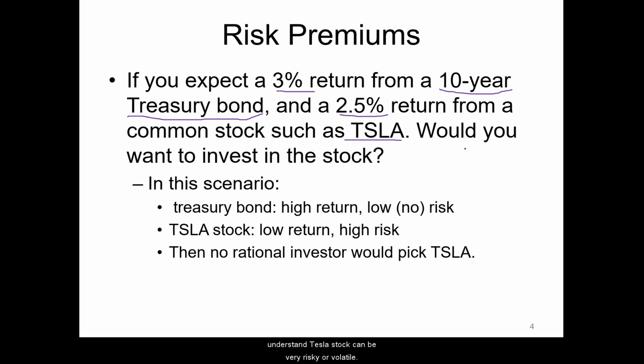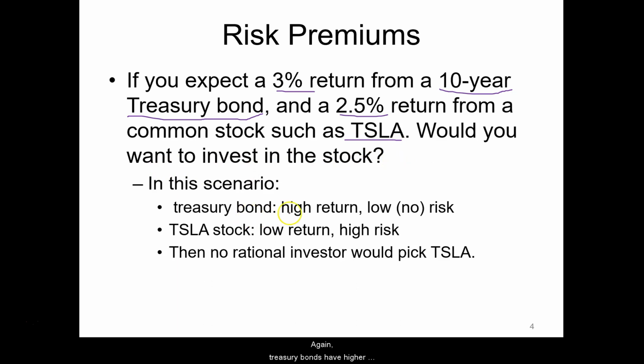If you follow the news, you understand Tesla stock can be very risky or volatile. So the question is, given a 3% return from a 10-year treasury bond and a 2.5% return from Tesla, would you want to invest in Tesla stock?